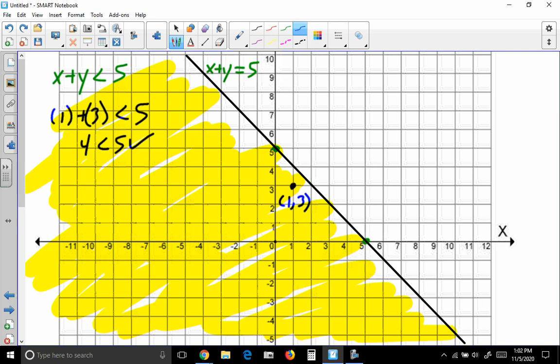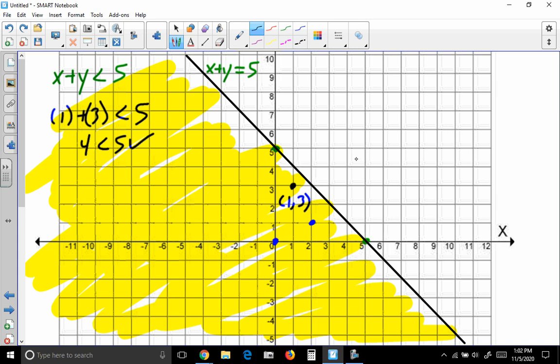If we consider this point 2, 1, 2 plus 1 is 3, that's less than 5. If we think about the origin, that's 0, 0. 0 plus 0 is 0. That's less than 5. So every highlighted point on the bottom side of this line would be a solution.